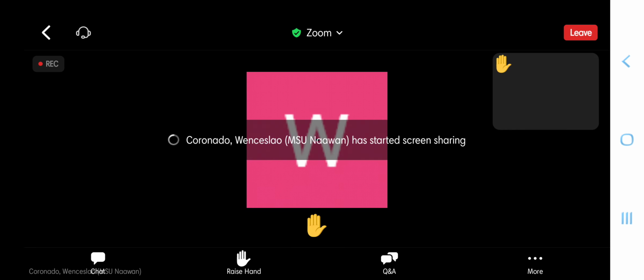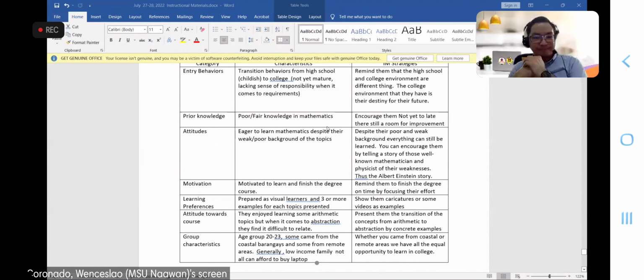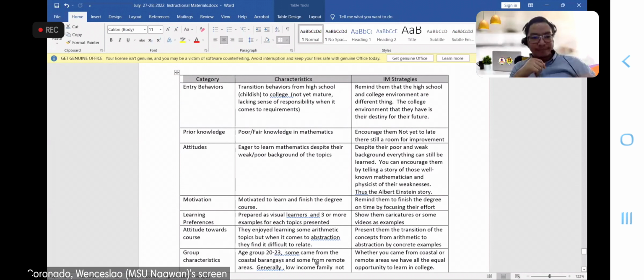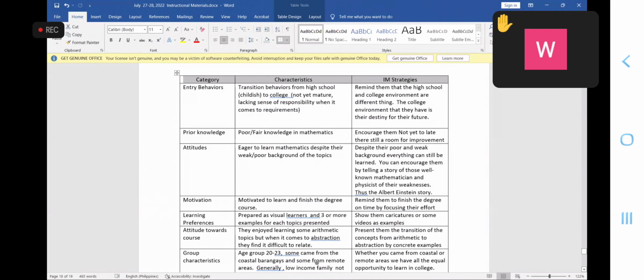Can you see my screen? Yes, sir. This is actually my idea. Category: entry behaviors. This is based on my experience. There is a transition of behavior from high school students, which I describe as childish.